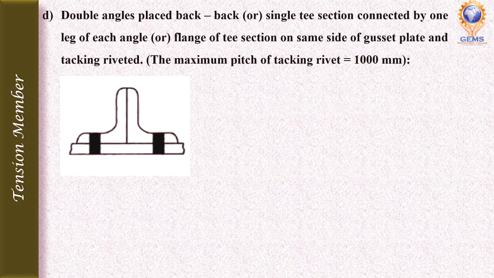Suppose the outstanding legs of a double angle section are not tagged to each other, that is, tagging rivets are not present. Then your A net is equal to A1 plus A2 plus K1.